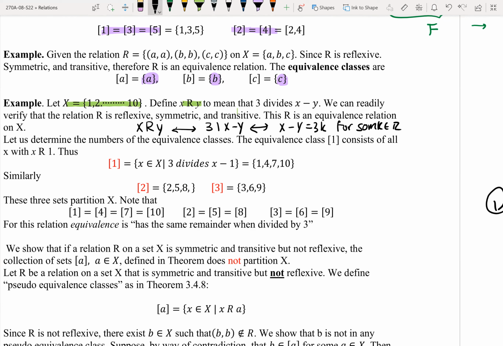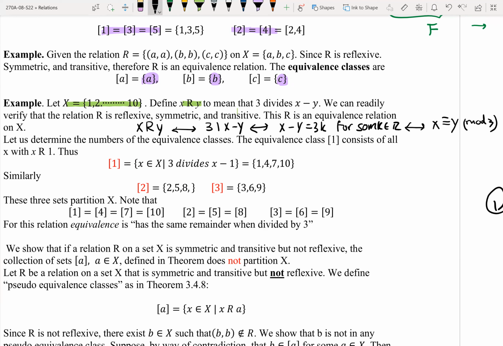Or you can think about, do I know anything else about this relation? I've seen this relation before. If the difference of the numbers is divisible by 3, it's mod. So this is the same as what? x and y have the same remainder in mod 3.